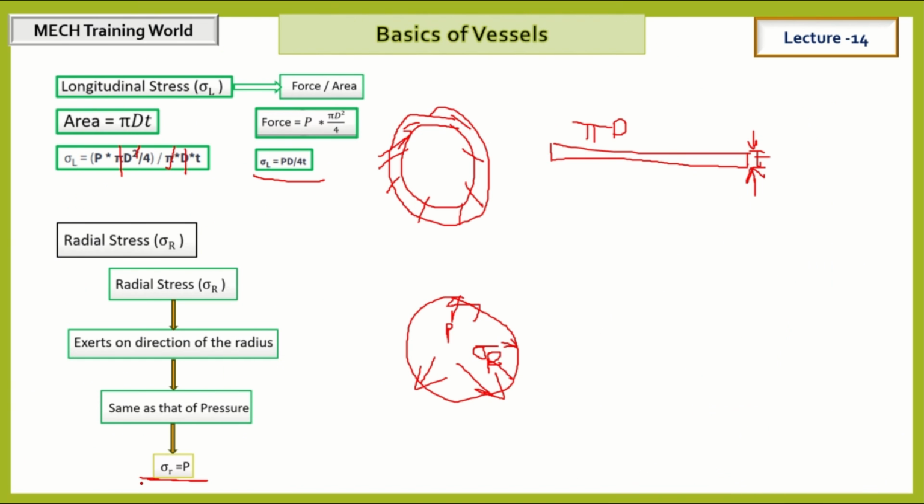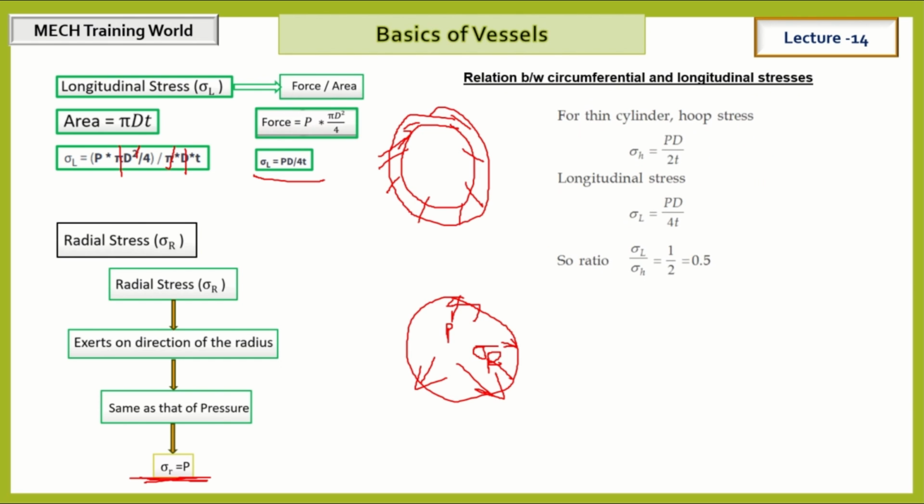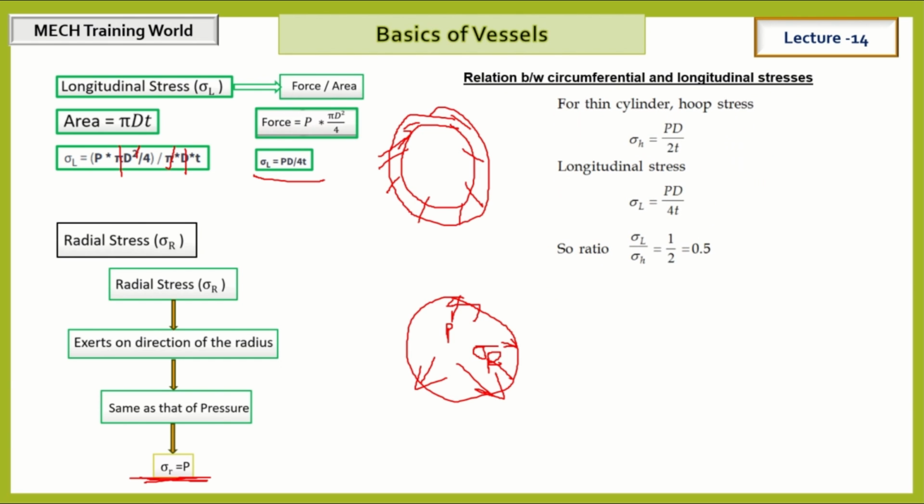Which stress governs our design? We need to know. We know sigma r is equal to P, so this is definitely not a governing stress. Apart from this, we have circumferential and longitudinal stress. For thin cylinders, hoop stress is equal to PD by 2T and longitudinal stress is equal to PD by 4T.